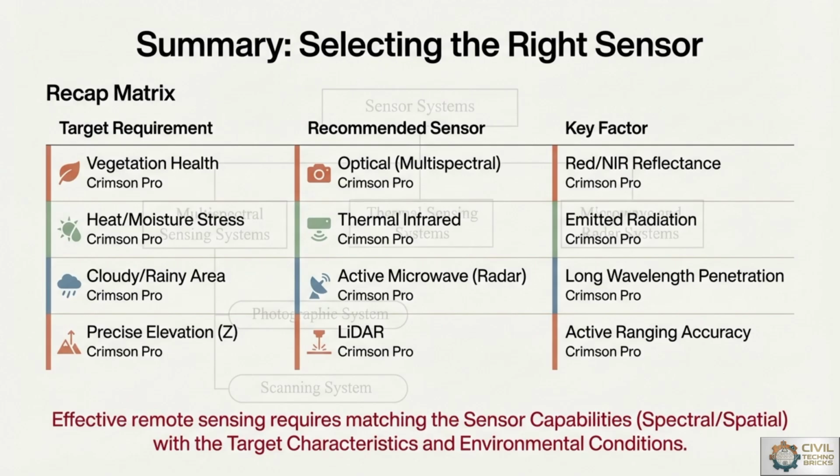In civil engineering, radar, LiDAR and SAR play a crucial role nowadays in planning, design and hazard assessment, and also in the infrastructural management domain. Effective remote sensing requires matching the sensor capabilities, whether on a spectral basis or a spatial resolution basis, with the target characteristics and environmental conditions also.